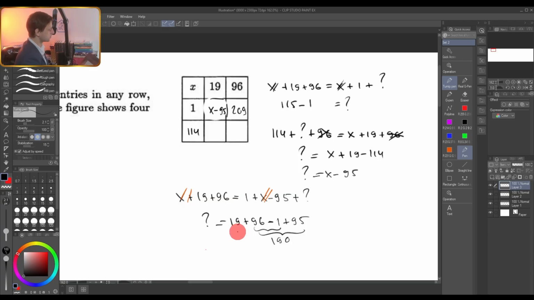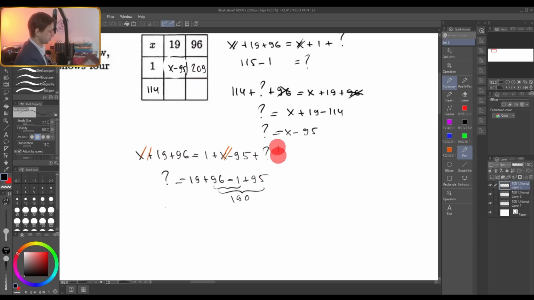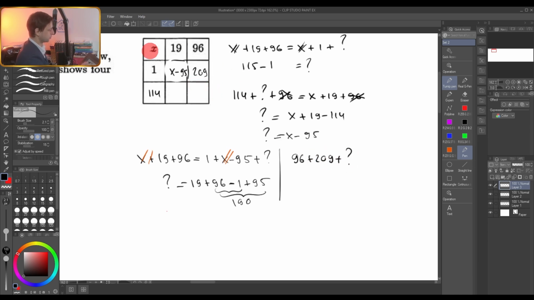Great. As you can see, if you pay attention, you have several numbers here and only 1 unknown. Or for example here, you can use any of these columns. Let's use the third column. So we write that 96 plus 209 plus something, the number here, equals, again, the sum of numbers in the first row, x plus 19 plus 96.